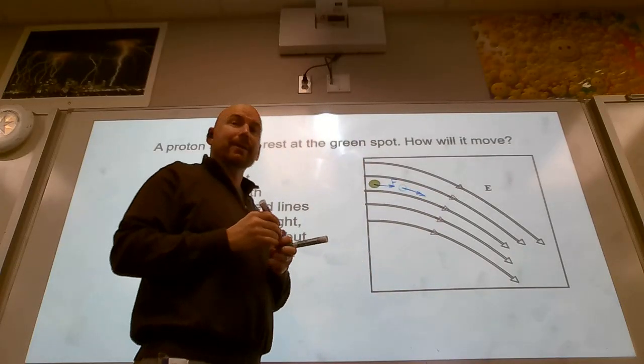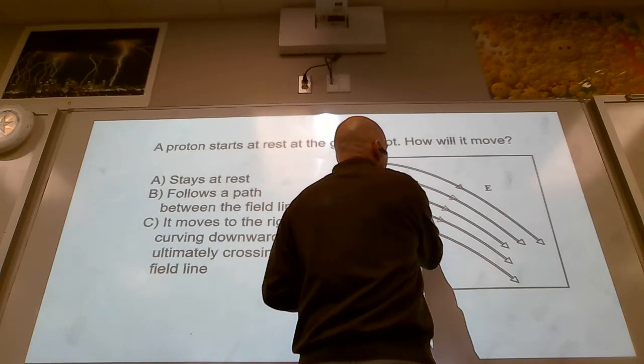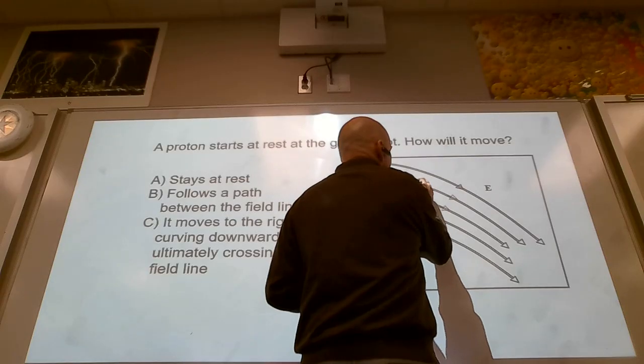But the proton has mass, it has inertia, it has a velocity going this way.